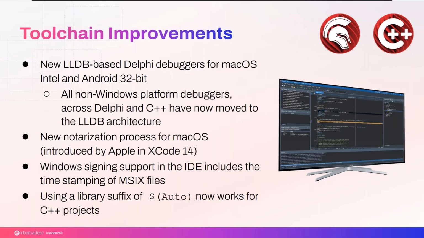On the C++ side, now you can use the auto suffix for libraries, which is very cool. That was available for Delphi, but now it supports C++ as well. So the compiler is aware of the version you're compiling the library for, so you don't need to be editing the files manually.